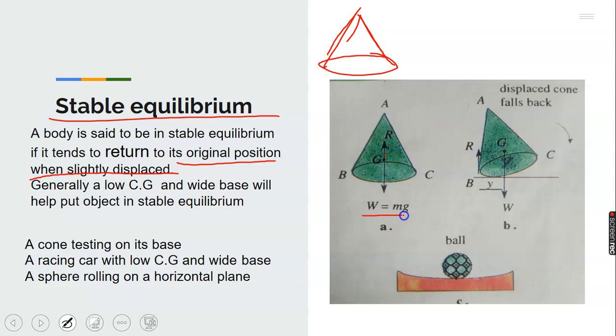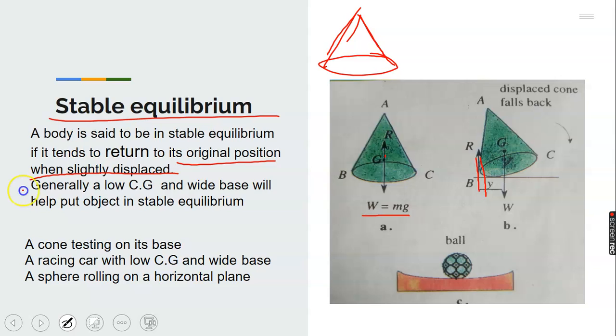This is the weight, and this is the reaction on the surface of the base. When you slightly displace this cone, the center of gravity will still be within the base. Therefore, when released, it will fall back to its original position.